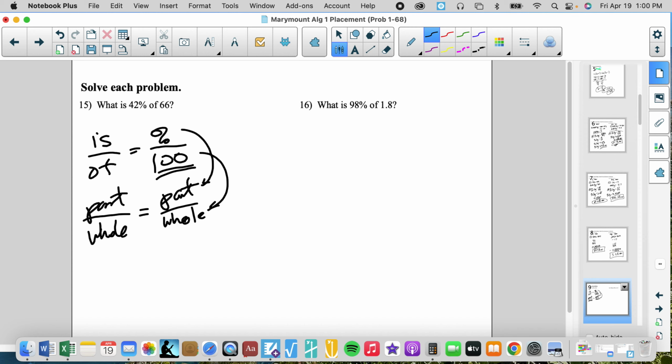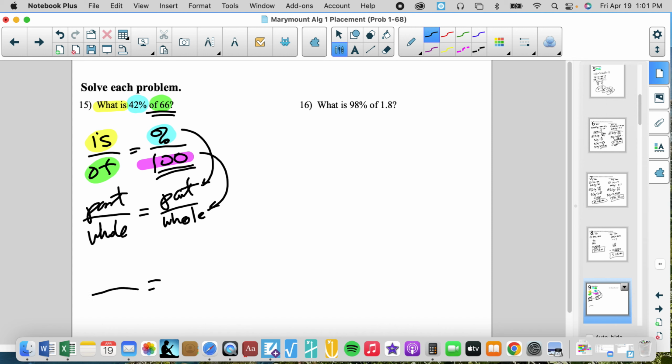So of is the whole. So if we fill in this is of, so let's take a peek here. What is, so my unknown is going to be there. 42% is going to go into the percent. Of 66 is going to go there. And then 100 always goes into our template.